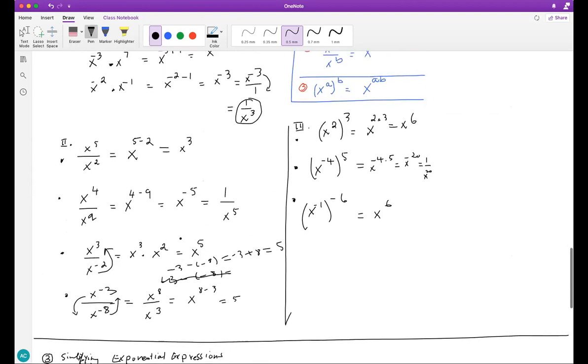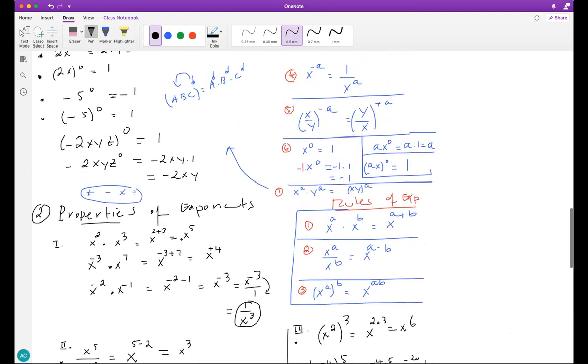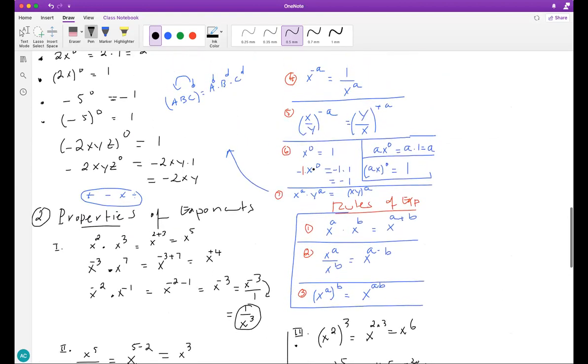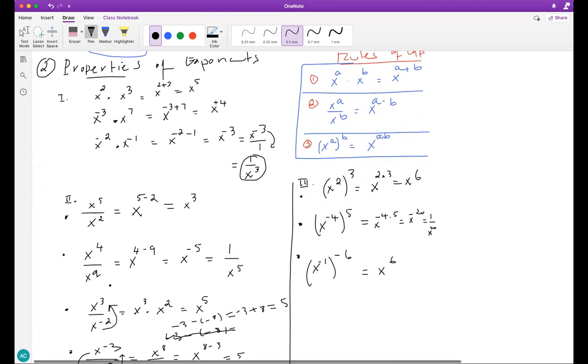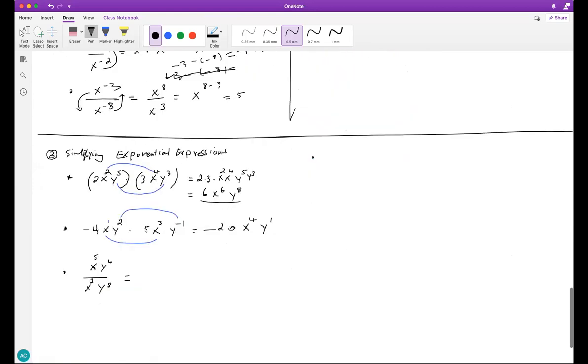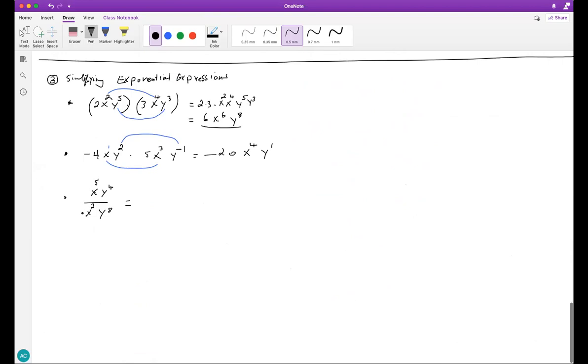So again, which rule from this list are we going to use? Rule number 2, that's right. Whenever you see fractions with the same variable, we can simplify those by subtracting the powers, as we saw last time in these examples and this rule. So subtract the like powers of the like variables.